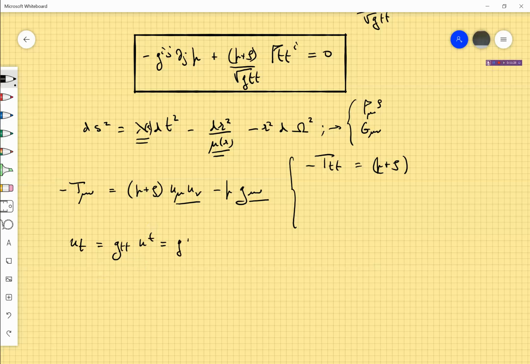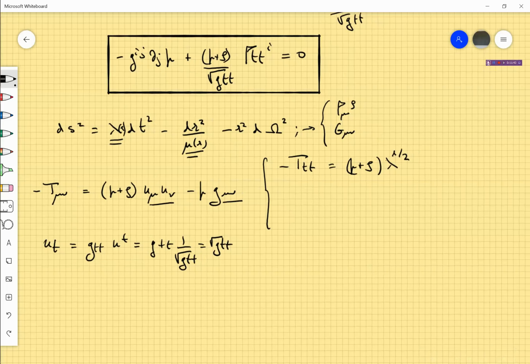So this is g_tt, and remember that u^t was 1 over the square root of g_tt, so this gives the square root of g_tt, which is lambda in this parameterization, and lambda again because you have two u's.